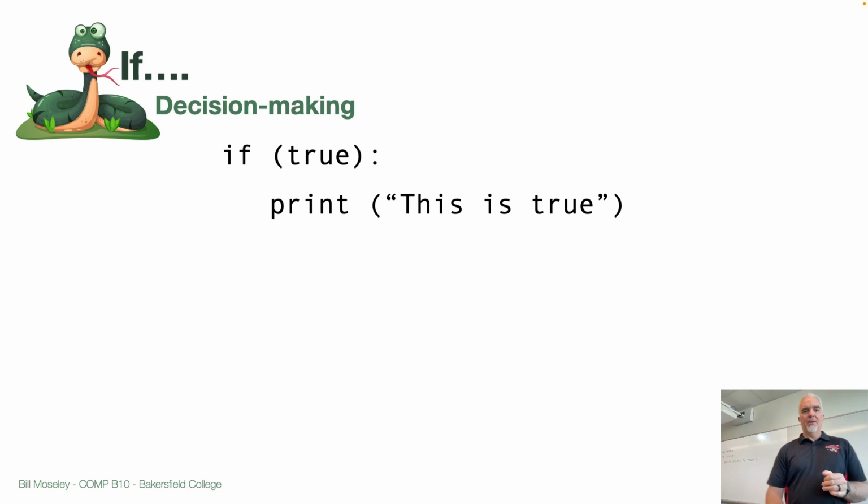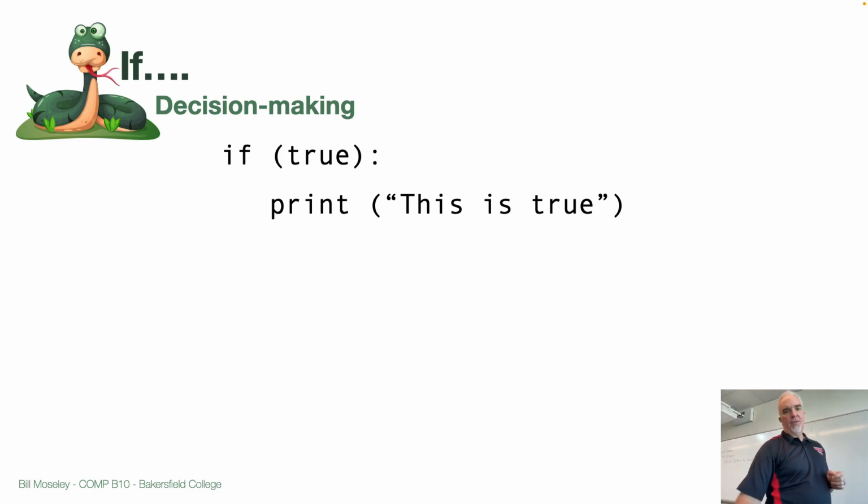So first, just to quickly review, we talked about this last time with the if statement, right? If something is true, so any expression that can evaluate to true or false, then we have a colon. Next line is indented, and any subsequent lines get executed if this is true.